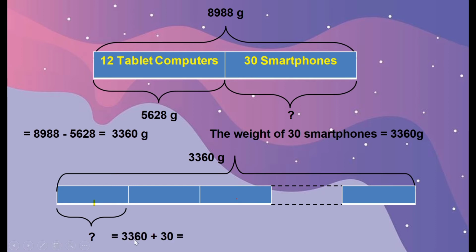So now you can see from the total, this 3,360 grams, you need to divide by 30. When you divide, you will get 112. What is 112? This is the weight of 1 unit.